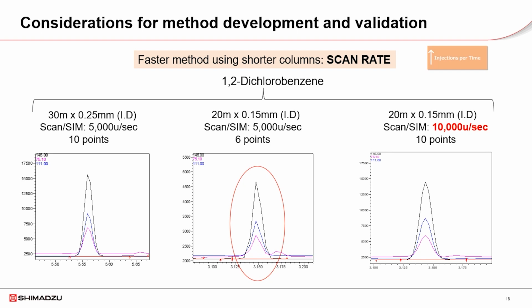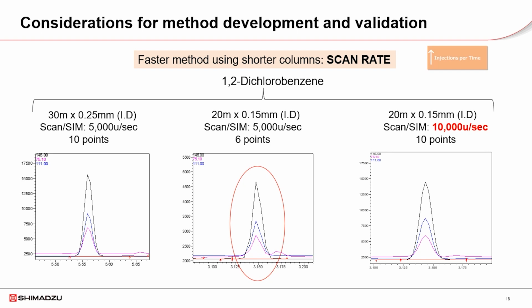As a theoretical side, 8 to 12 points per chromatographic peak are needed to get enough reproducibility. For example, this is the 1,2-dichlorobenzene peak using several conditions. The left side is a 30-meter column with 0.25 mm inner diameter. It consists of 10 points to create one compound peak.